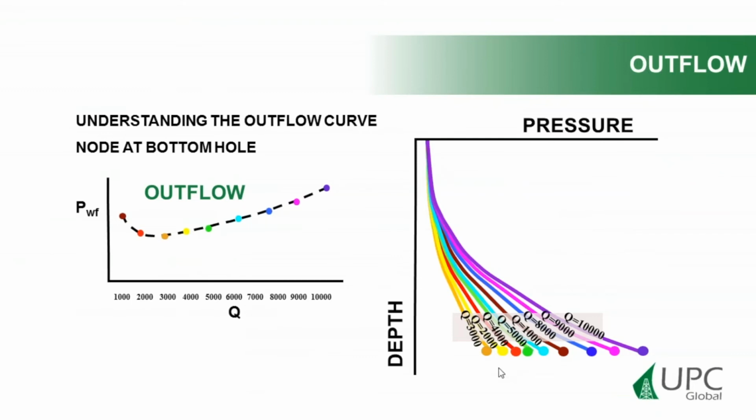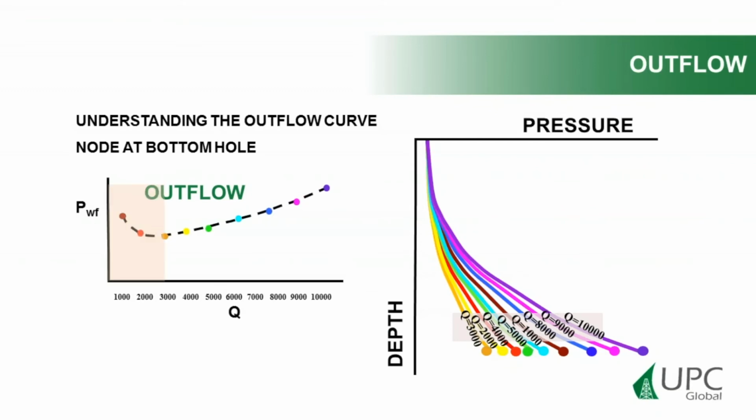So for 10,000 barrels, I have the violet profile, and the final pressure is this value. I can repeat for different rates. Then, knowing the rate and the final pressure, I can plot the bottom hole flowing pressure versus the rate. And that is going to be the outflow curve.